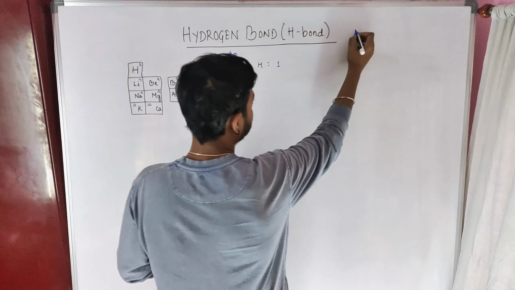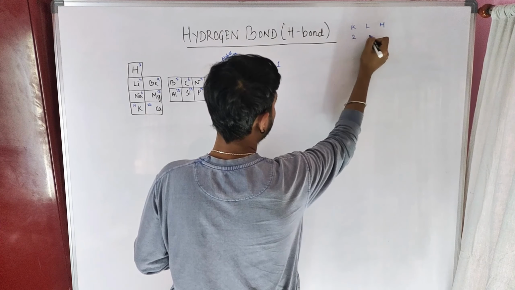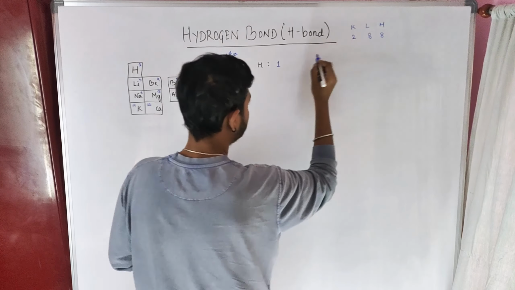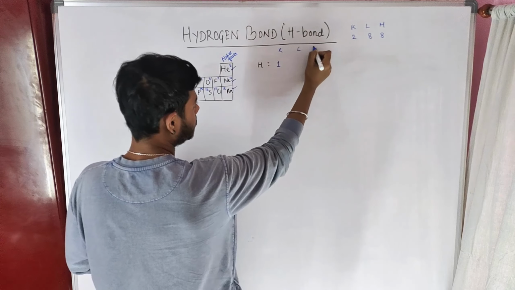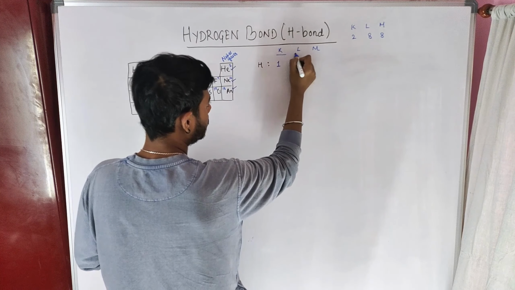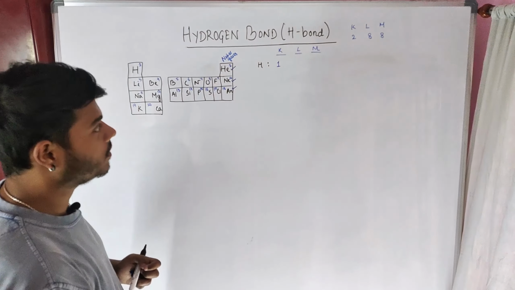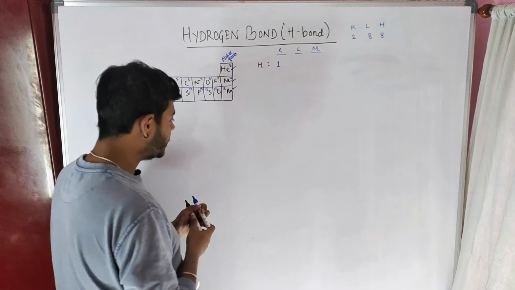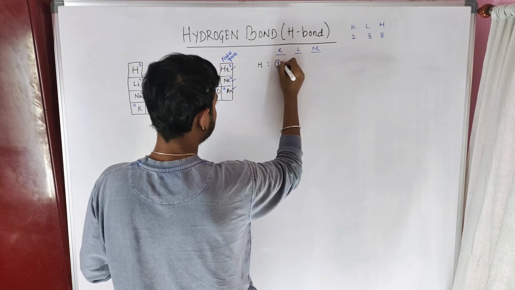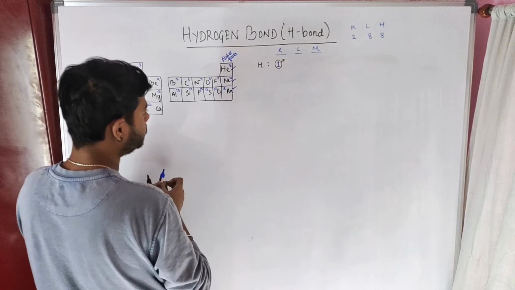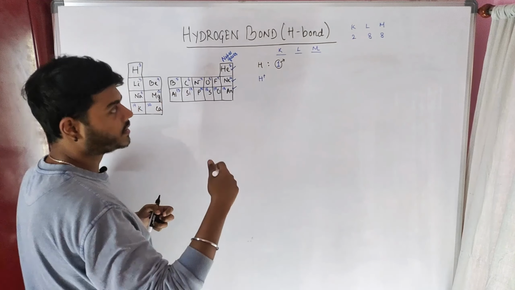So K, L, M: 2, 8, 8. So the K shell of hydrogen will try to make this count as 2 or empty the outermost shell. So hydrogen will remove this electron and it will form a +1 hydrogen ion. It is removing electrons.